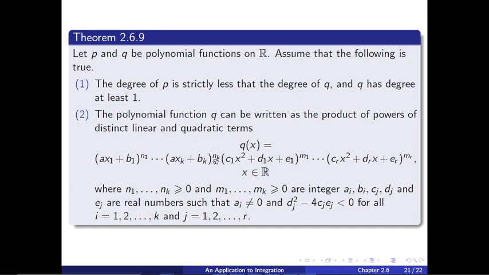The powers are greater or equal to 0, and all the other coefficients, the b_i's, c_j's, d_j's and e_j's, are real numbers, such that a_i is not equal to 0, and d_j squared minus 4 c_j e_j is less than 0 for all i and j that we have.